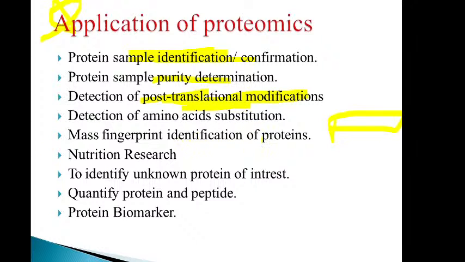Mass fingerprint identification of protein is also there. We are able to do nutrition research, like knowing that this protein is good for our health. We can identify unknown proteins of interest, quantify proteins and peptides, and find protein biomarkers. So these are all the applications of proteomics. Definitely everything covers proteins only.